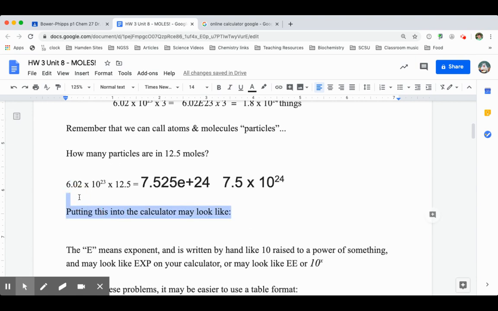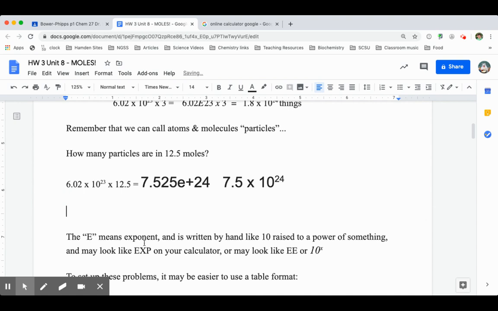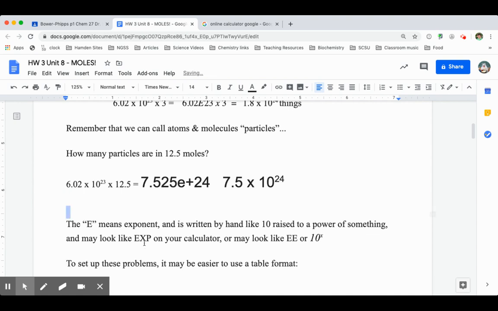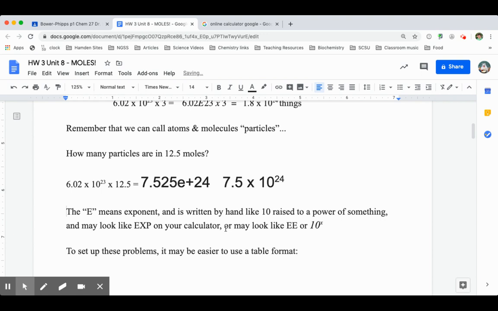Your calculator might have E as the exponent. By hand, it's written as 10 raised to the power of something, 10 to the 24th. It might be EXP on your calculator, or on our little calculators, it might be EE or 10 to the X power. So it just depends on what your calculator looks like.